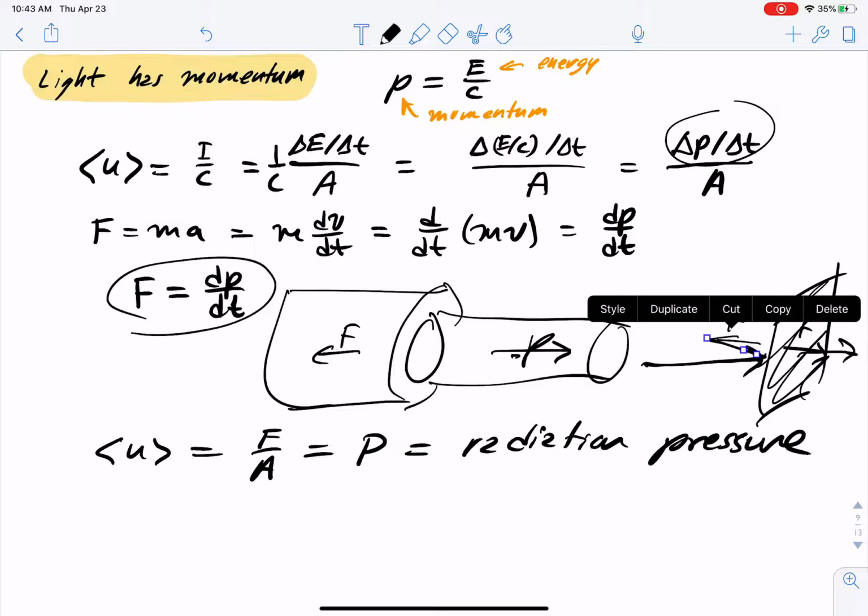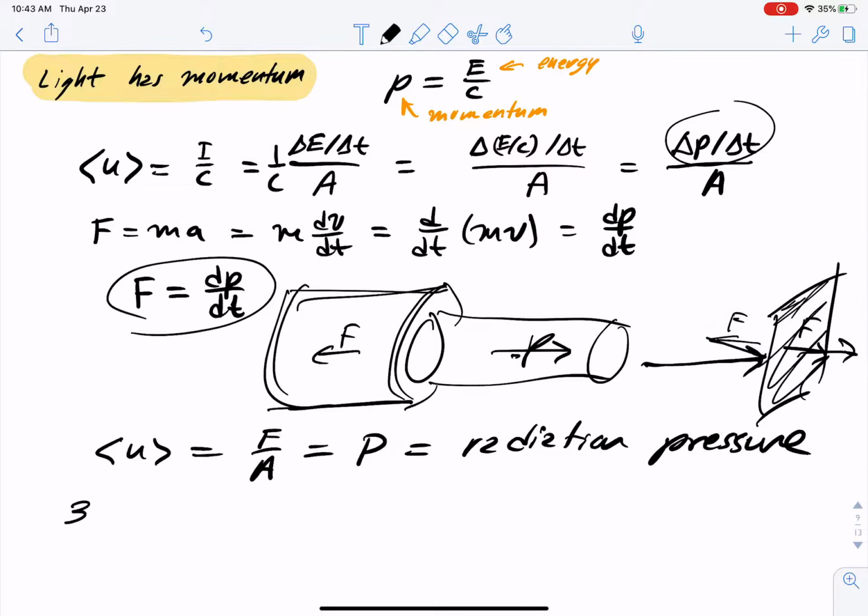We could do another example. Go back to the laser. Suppose this is a laser pointer, a 3 milliwatt laser pointer, and you want to know how hard you have to push on the laser to keep it from pushing backwards when it shoots out the beam. The force should be the pressure times the area, so that's the energy density times the area.